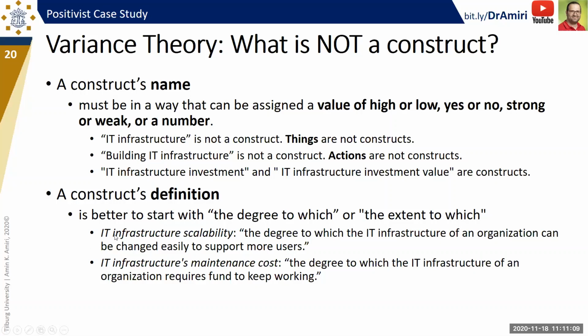For example, IT infrastructure scalability is the degree to which the IT infrastructure of an organization can be changed easily to support more users. Maintenance cost, again, the degree to which. So try to start your definition with degree to which, to the extent to which, so that you are sure that a value of high or low can be assigned to that construct.